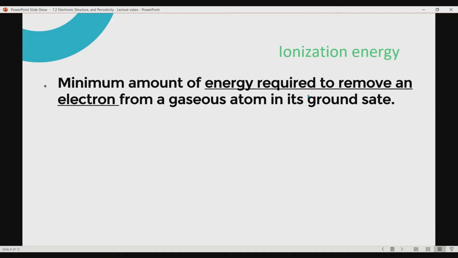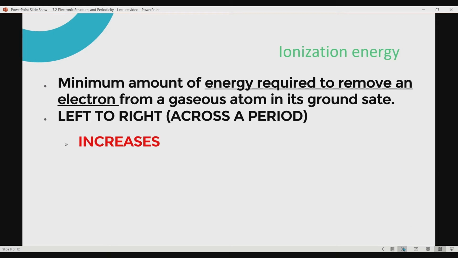Energy required to remove electron. Okay? Remove electron. Ano pong ibig sabihin no? Naalala natin, kapag nagtatanggal ng electron or negative charge, mas nagiging positive. Okay? So, ibig sabihin, ang ionization energy po ay ang energy na kinakailangan para maging positive ang mga atom.